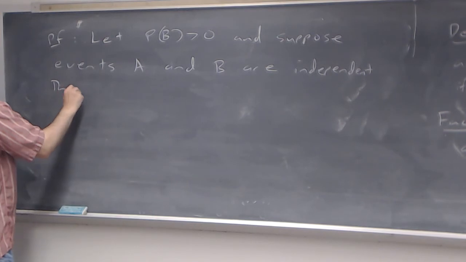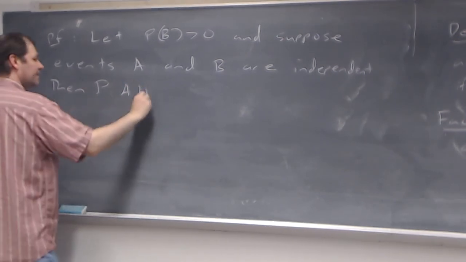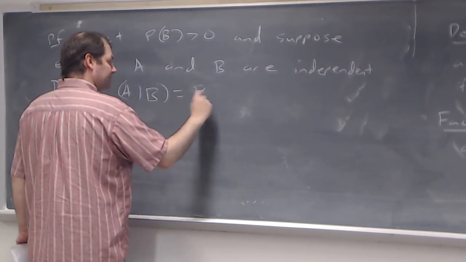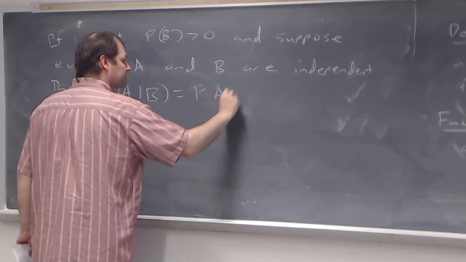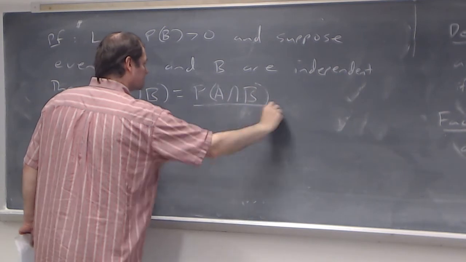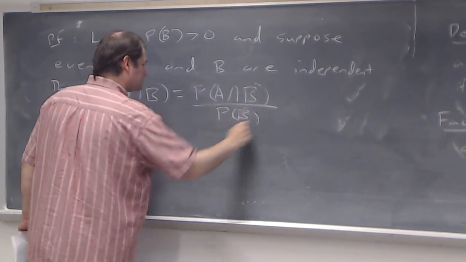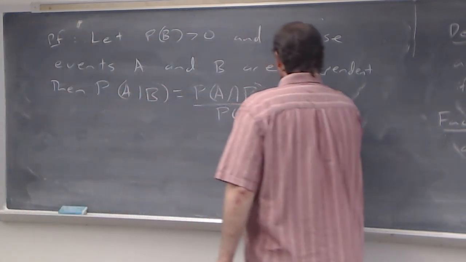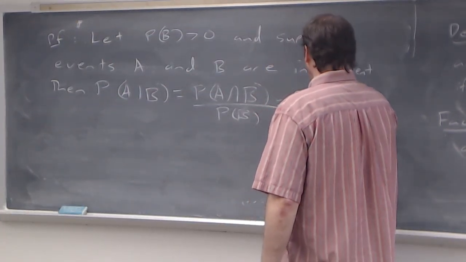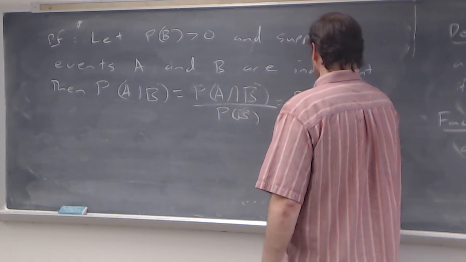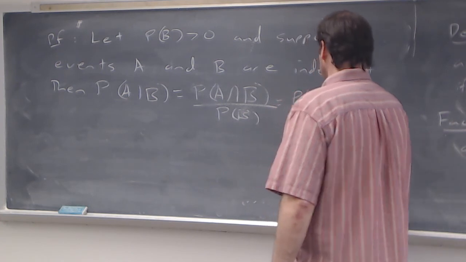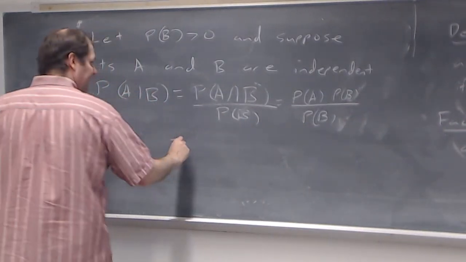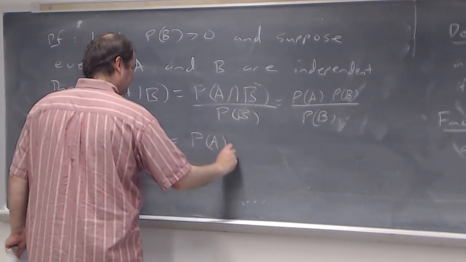Then the probability of A given B is equal to, by definition, the probability of A intersect B over the probability of B. But since A and B are independent, the probability of A intersect B is the probability of A times the probability of B, over the probability of B. And then, of course, the probabilities of B cancel out. You're just left with the probability of A.